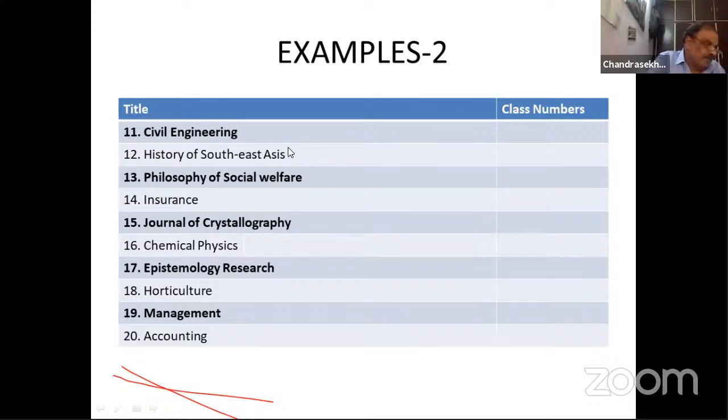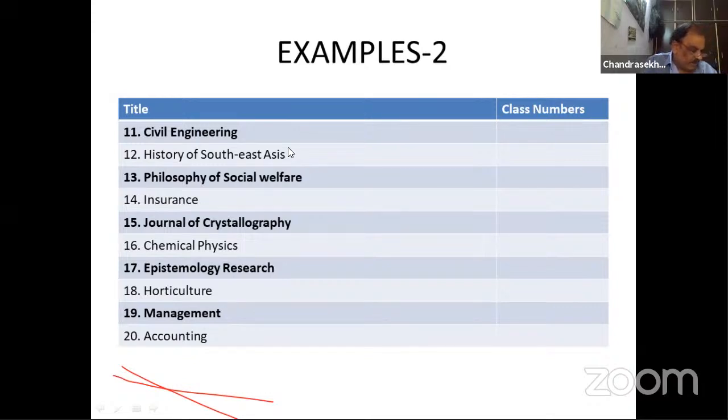If you practice this one, then you will understand. Physics, chemical physics.